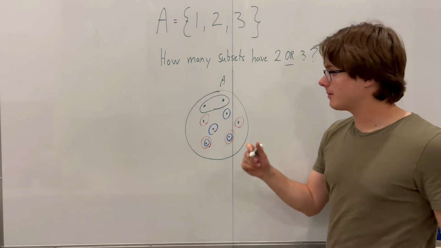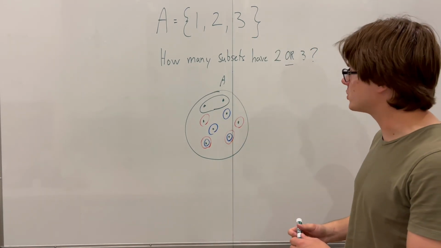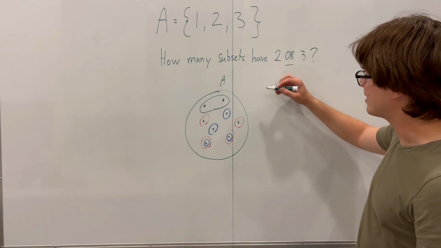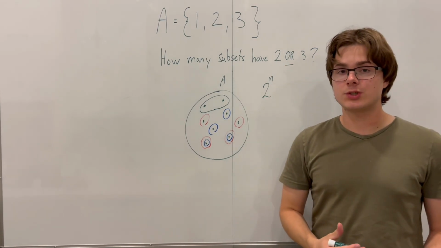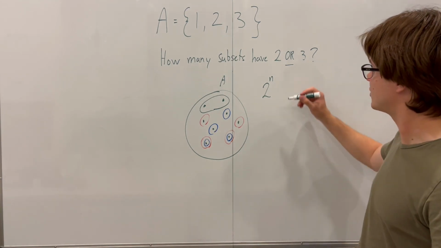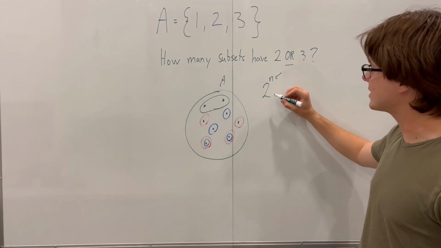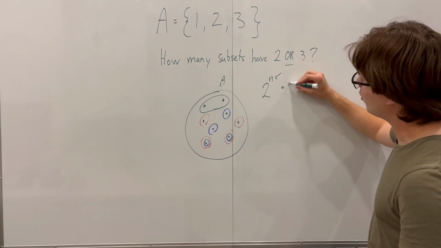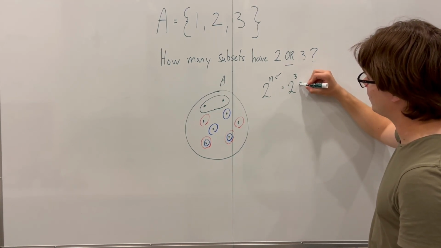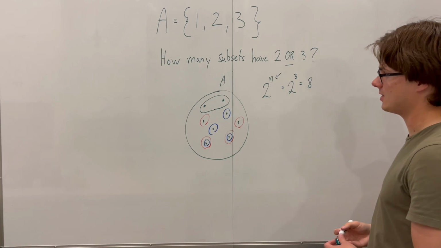I've actually decided I'm going to keep this up here for visual purposes and just do the 2 to the power of n method. So we know 2 to the power of n can be used to compute the total number of subsets, and that's going to be when n is equal to the number of elements in our set A. So we know the total number is going to be 2 to the power of 3, which is going to be 8.